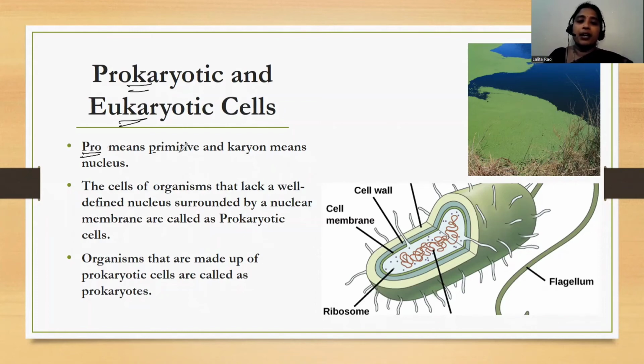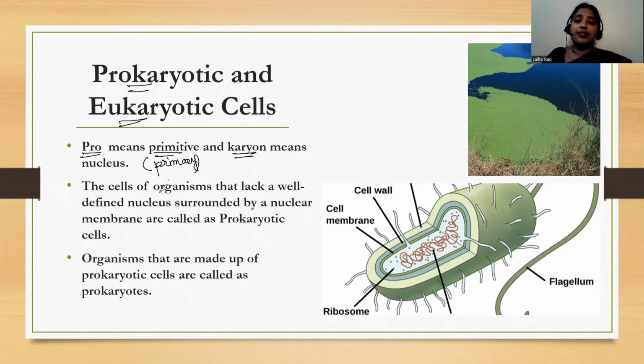Pro means primitive, primitive means primary, and karyon means nucleus. Primary nucleus means the nucleus is in the initial stage, or not well defined, floating somewhere in the cytoplasm. Such cells are known as prokaryotic cells.